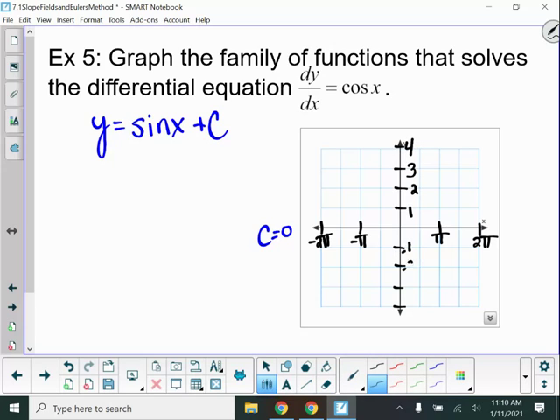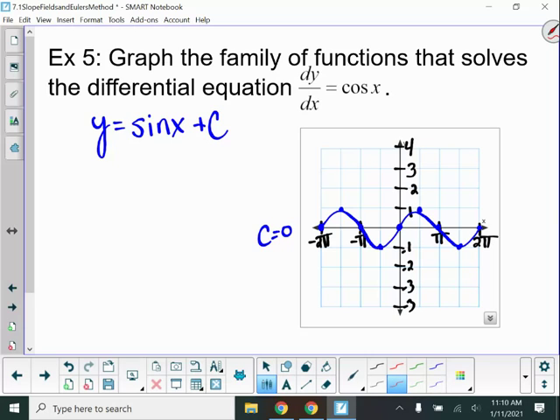And then negative 1, negative 2, negative 3, negative 4. So c is equal to 0. So for sine, negative 2 pi is 0. This is negative 3 pi over 2. That one, 0 at 0. And you can see here's the sine wave. It's a 2 pi period. And I have a width from negative 2 pi to 2 pi. So that would be the case if c was equal to 0. That's what it would look like.